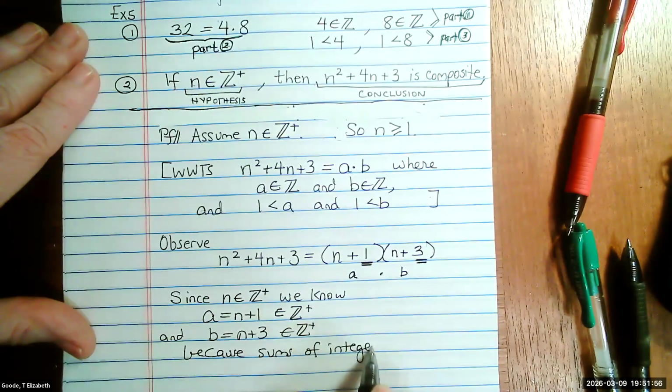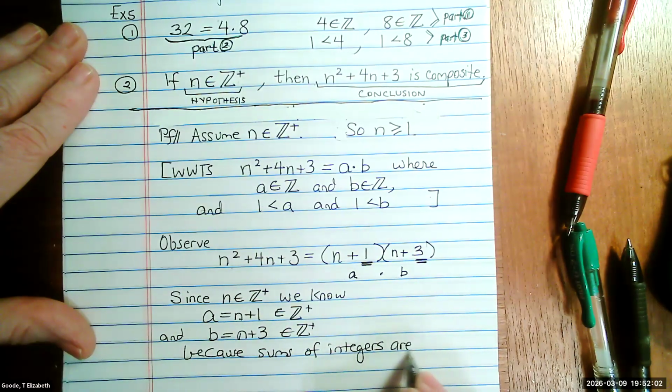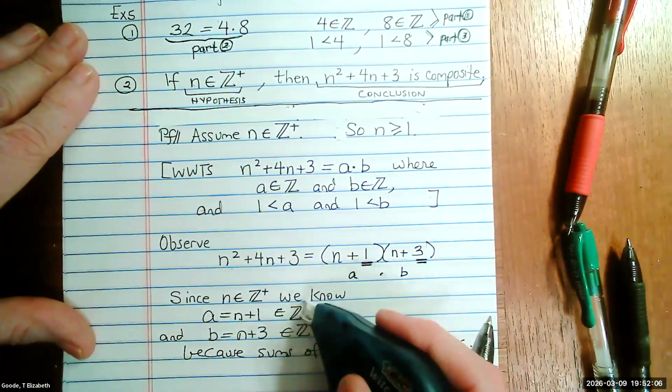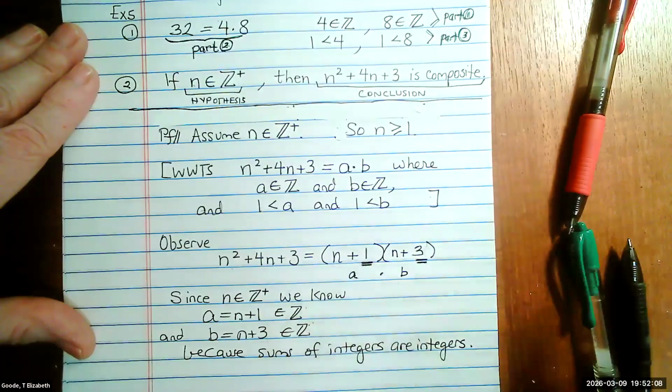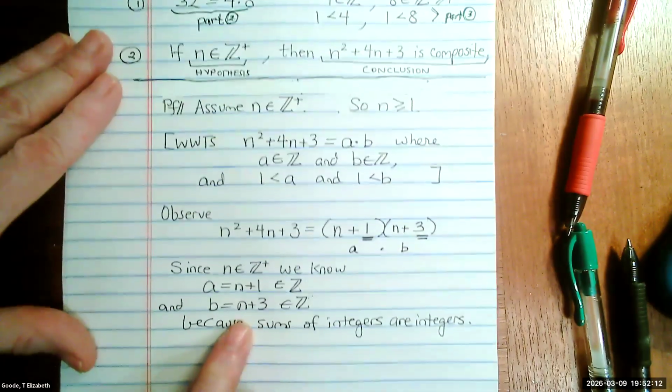We're adding integers together. n is an integer, 1 is an integer. In fact, I don't even have to put Z plus here. I'll just put Z. First of all, they just have to be in Z. They don't have to be in Z plus yet. But they will be.